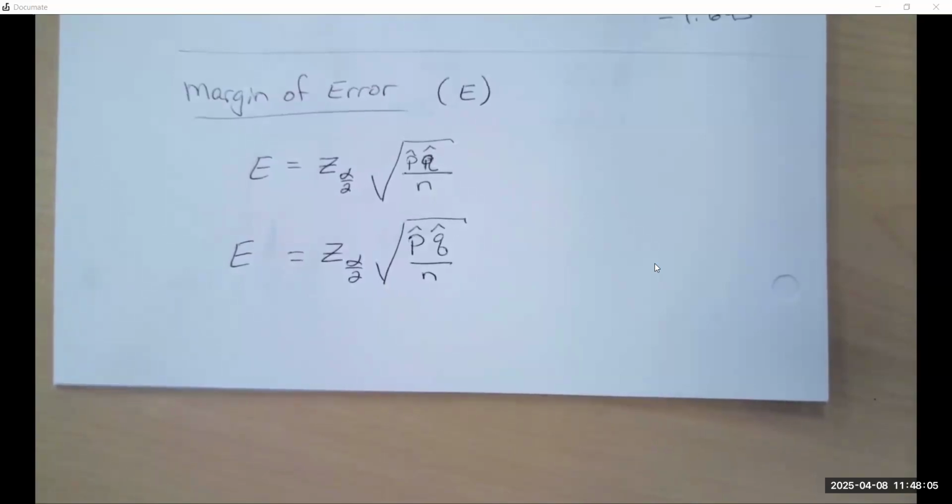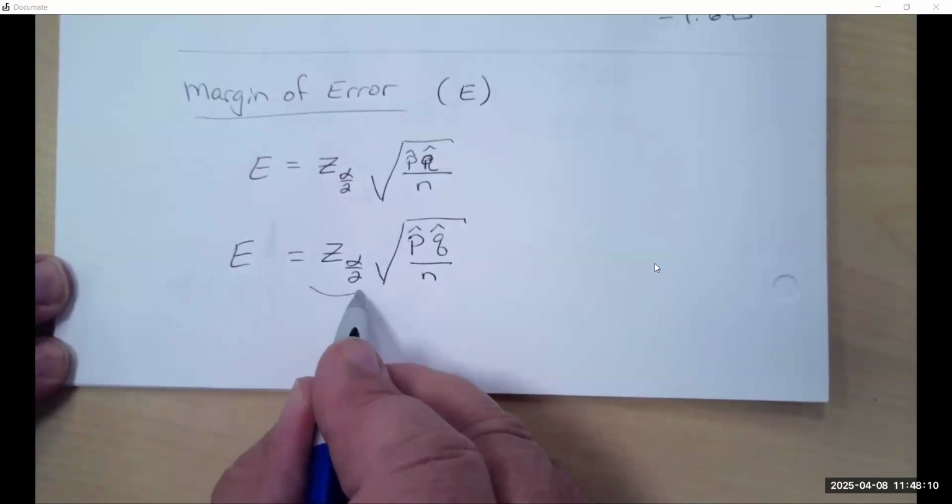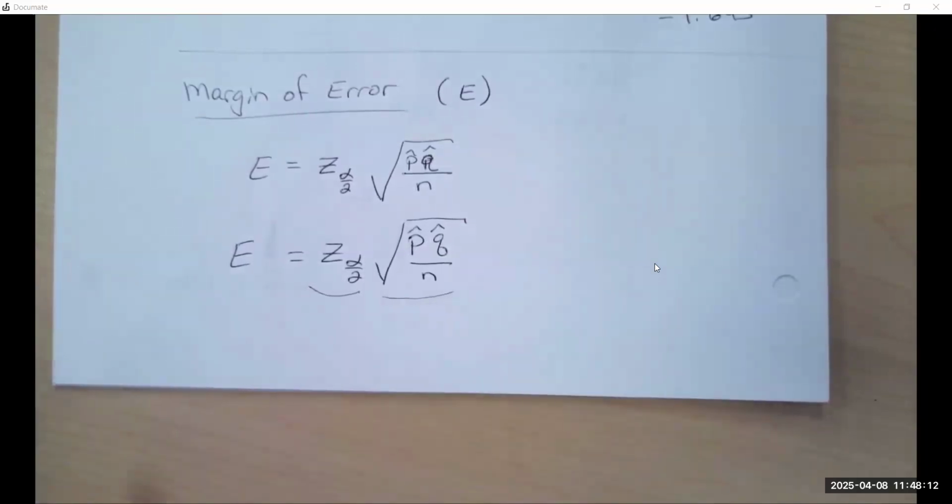We're estimating the population. So we have our critical value here, and we have our estimated standard deviation of that thing.